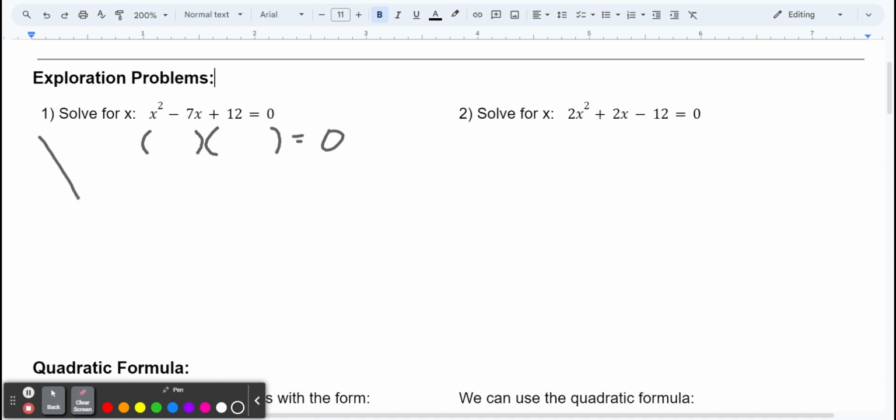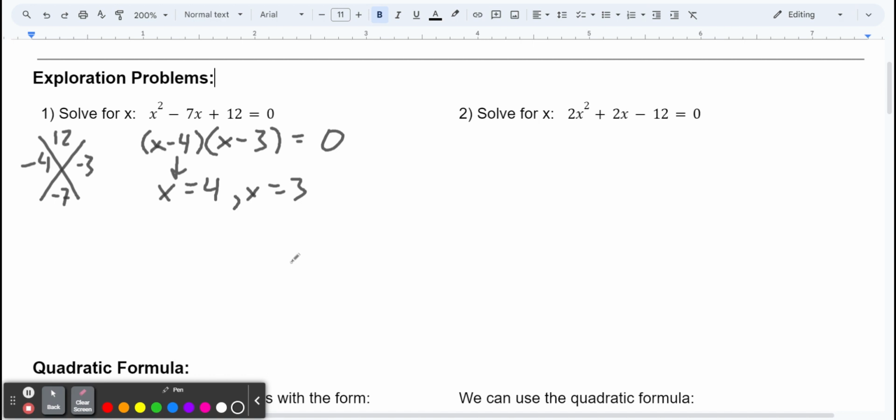We can also use our little puzzle, multiplying to 12, adding up to -7. In this case, we'll need -4 and -3 to do that. So our factored form is x minus 4 times x minus 3. And the zeros there, or the solutions there, would be x equals 4 and x equals 3. Pretty straightforward, right? We've done this before.